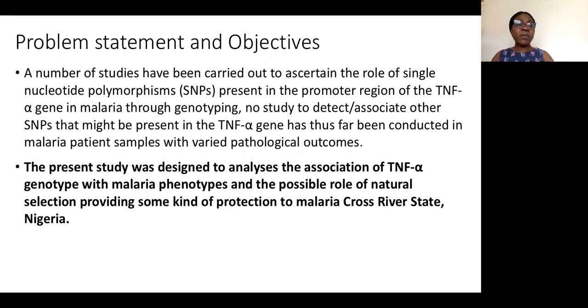The objective of this study was to analyze the association of tumor necrosis factor alpha genotype with malaria phenotypes, and also look at the possible role of natural selection that provides some form of protection or resistance against malaria. But this study was focused more in Cross River State, Nigeria.